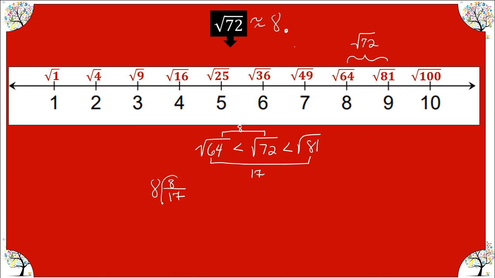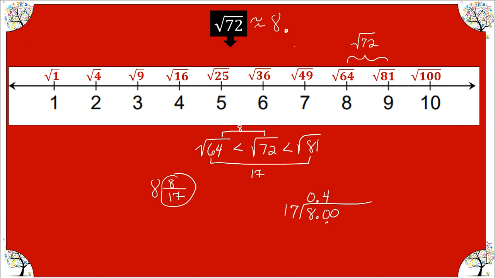And now we need to convert this fraction into a decimal. So we're going to divide 17 into 8. So 17 can't go into 8, but it can go into 80. So if this 17 were 20, I would say about 4 times. Let's see if that works.